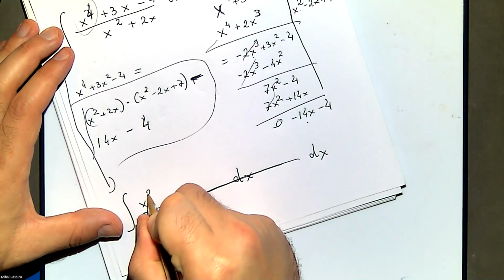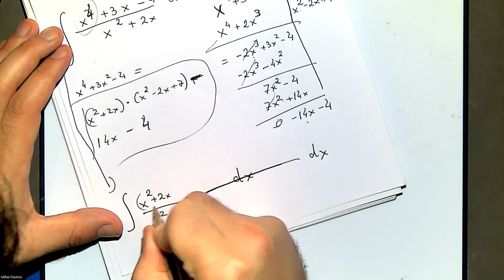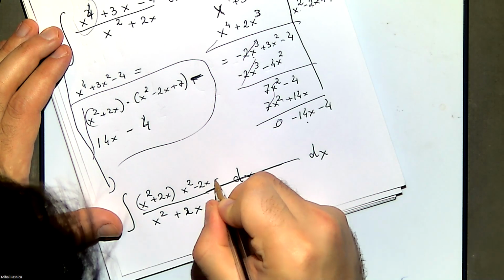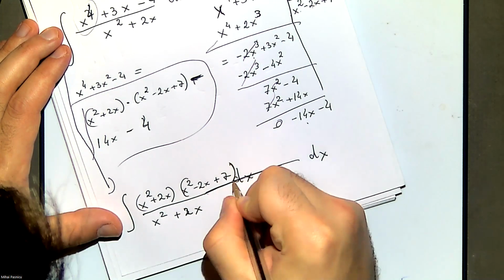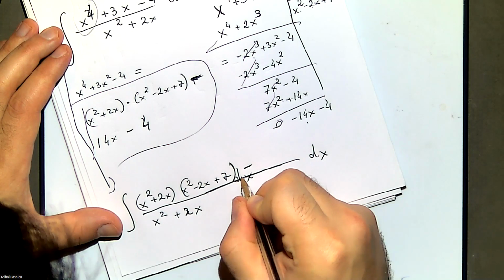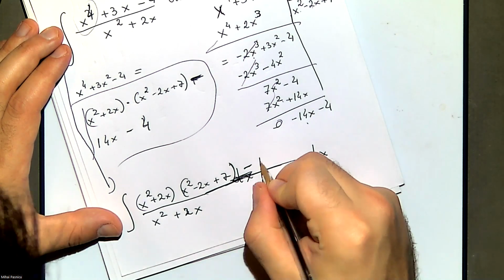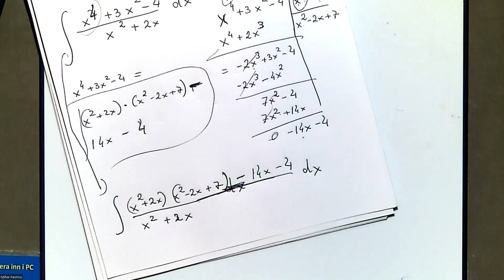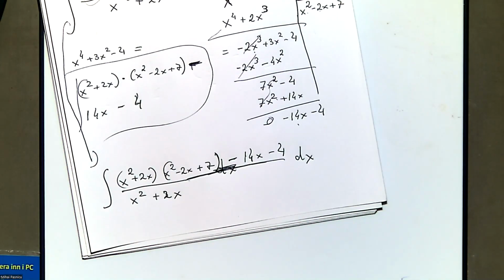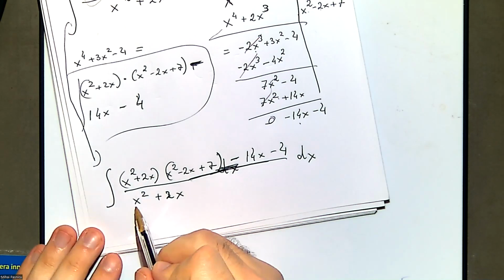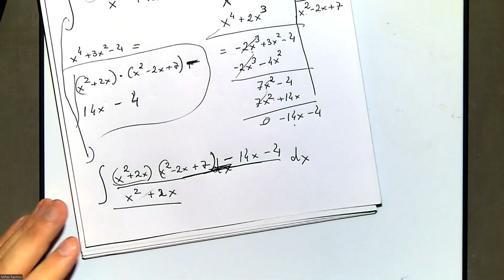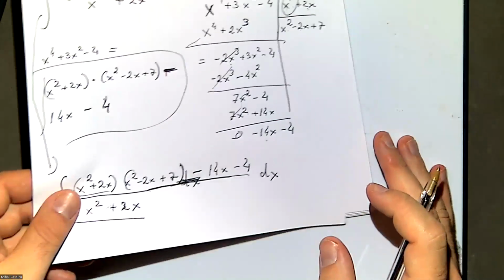And I get x squared plus 2x, x squared minus 2x plus 7, minus 14x minus 4. And now I hope you see it. The idea is that now I can just split this, and basically this cancels with this. This thing cancels with this.